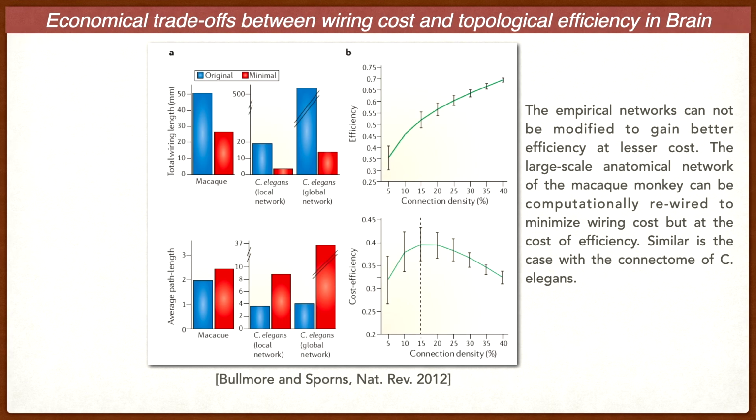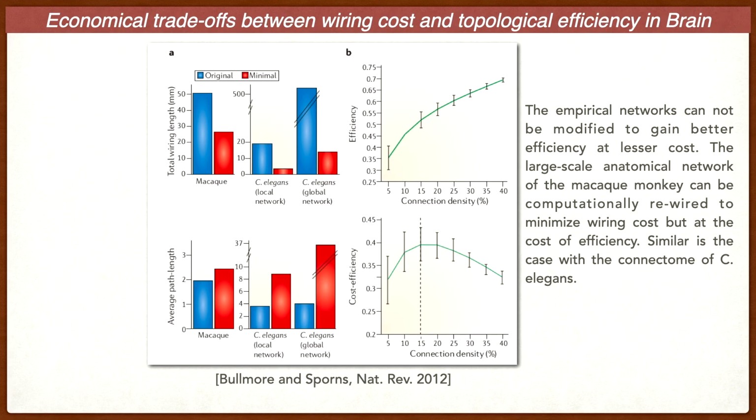It was done by one of the groups to see whether we can rewire the connections to get the minimum cost and at the same time the maximum efficiency. Is it possible? The answer was no. If you try to minimize the wiring or the length of the connections, it maximizes the path length, which means reducing the efficiency.